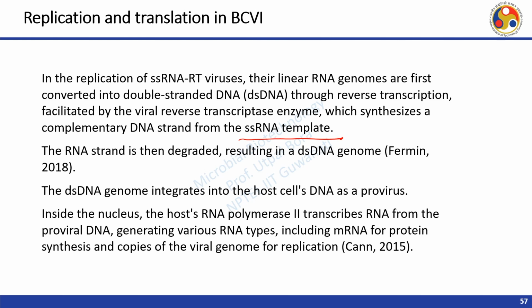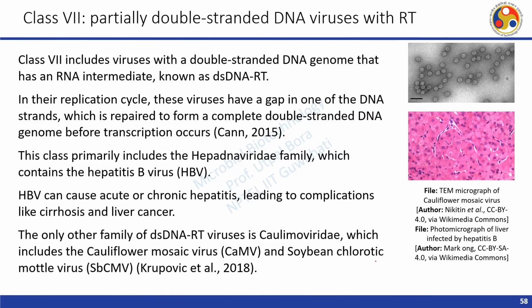The RNA strand is then degraded, resulting in a double stranded genome. The double stranded genome integrates into the host cell's DNA as a provirus. Inside the nucleus, the host's RNA polymerase II transcribes RNA from the proviral DNA, generating various RNA types including mRNA for protein synthesis and copies of the viral genome for replication.